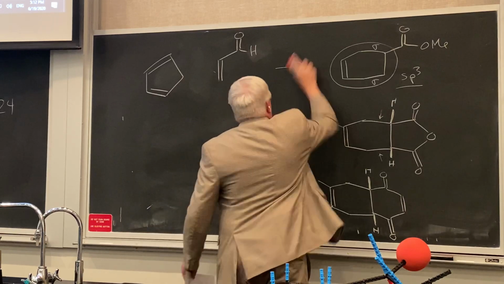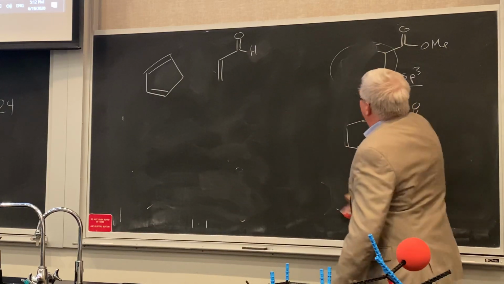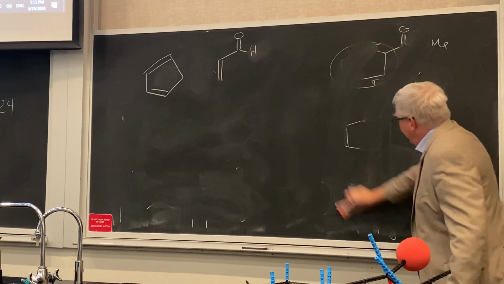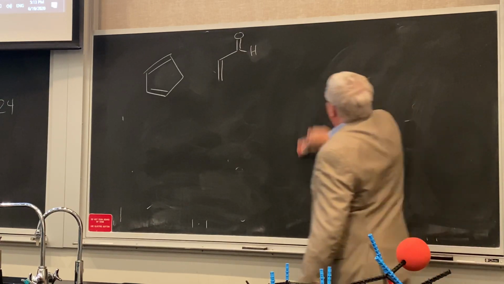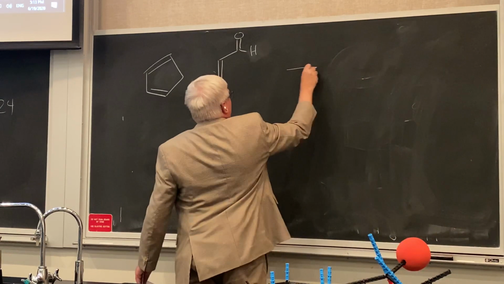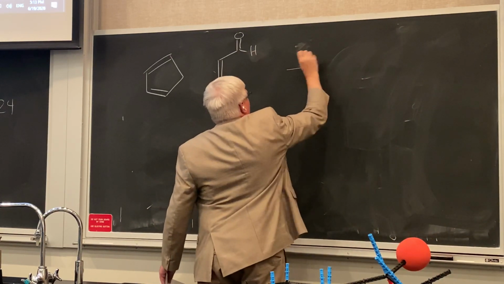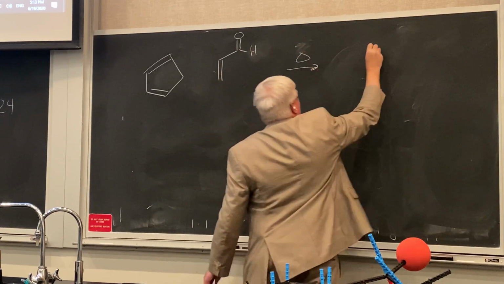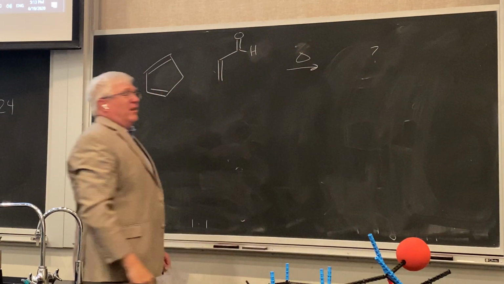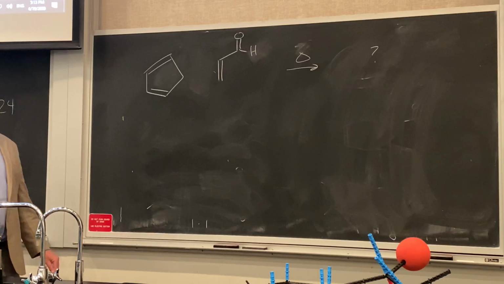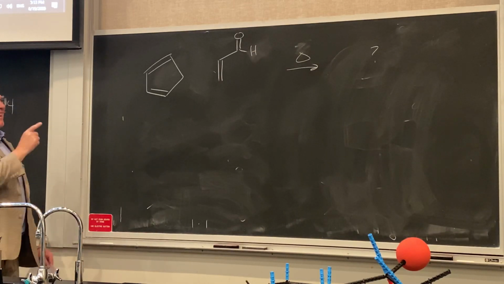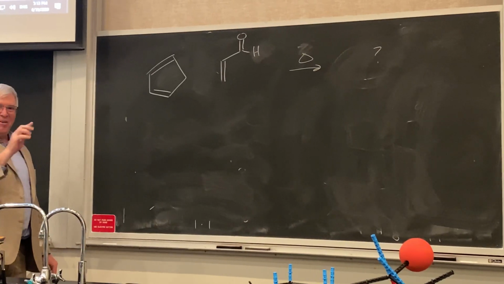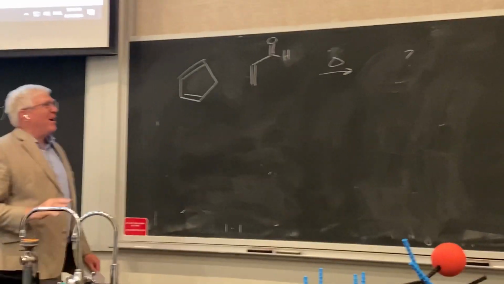See if you can come up with a product for that. Diene, dienophile, right there. What is the product? Oops. Okay, well, maybe we need to warm it up a little bit. What's that product? If you want to pause the video right there, you can. Okay, and now we're back, and let's see what product you got.